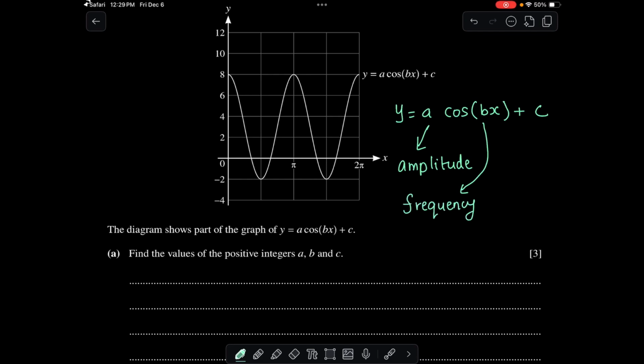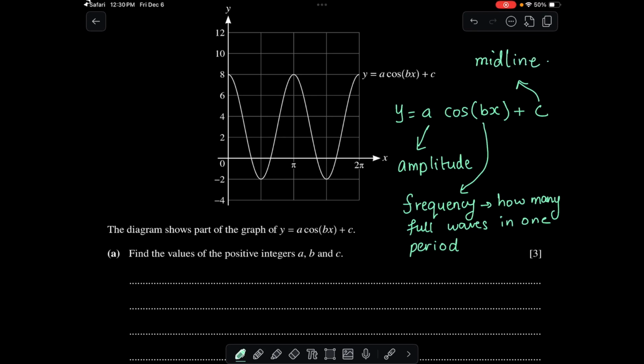That means how many full waves you have in one period. And C stands for the midline or the center line.